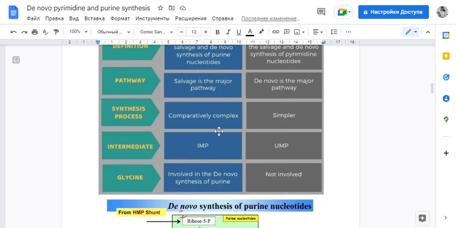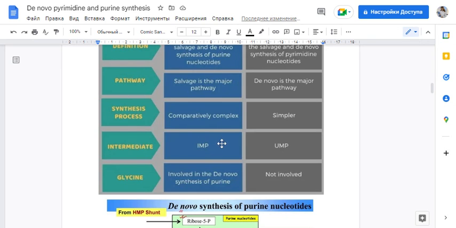The intermediate products are important because they use the same substrate, PRPP, and divide it into IMP and UMP, and depending on which intermediate product forms, they will produce particular products.